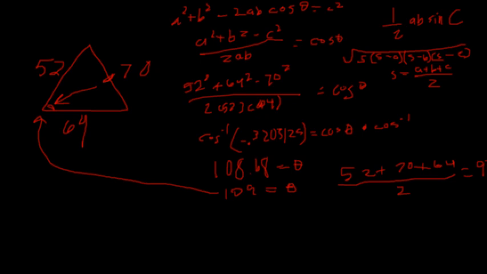Okay. So now that we know what s is in Heron's formula, we'll do 93 times 93 minus 52, times 93 minus 70, times 93 minus 64.